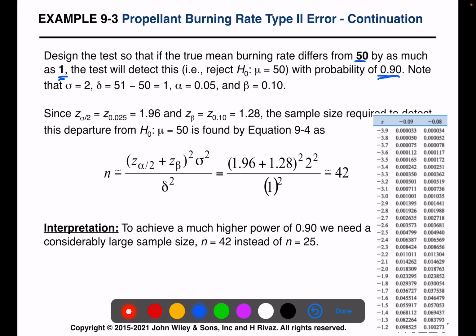Right? So again, this question doesn't tell us what type 1 error we want. Always, if it's not given, type 1 error is 0.05. Type 2 error is 1 minus power, so 0.1. And delta in the question is 1, so we want to differ by as much as 1.